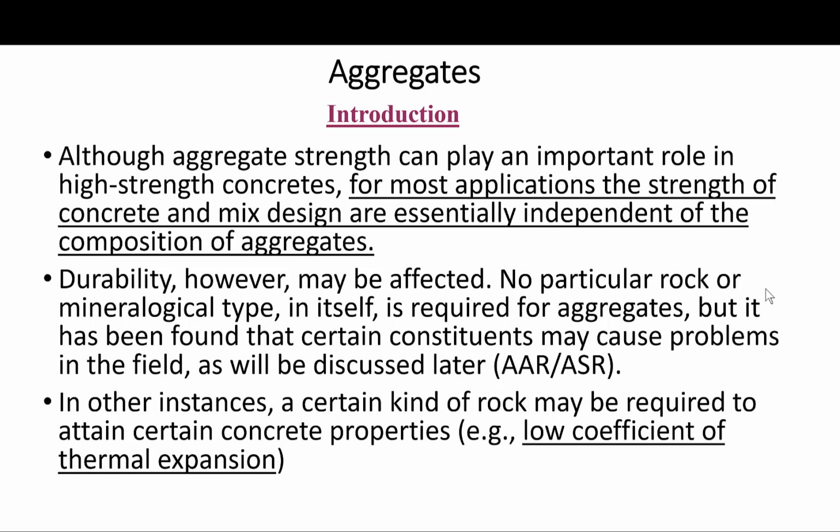In other instances, a certain kind of rock may be required to attain certain concrete properties, for example, high density or low coefficient of thermal expansion. Those things may be required for certain applications.